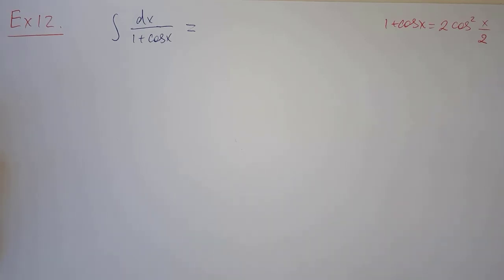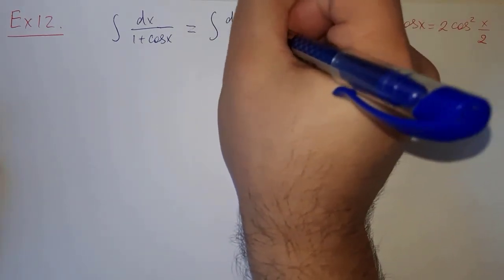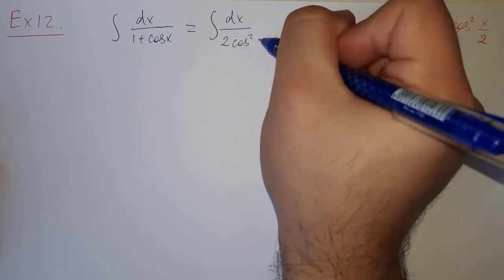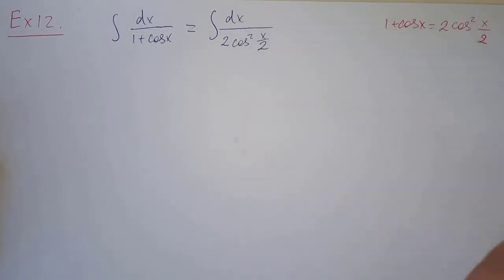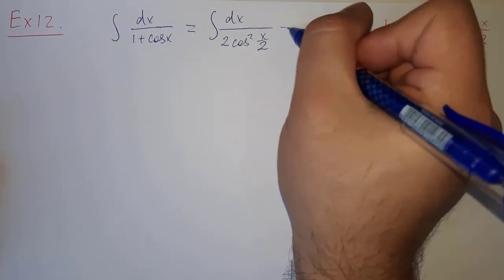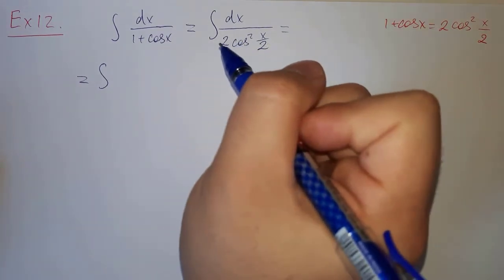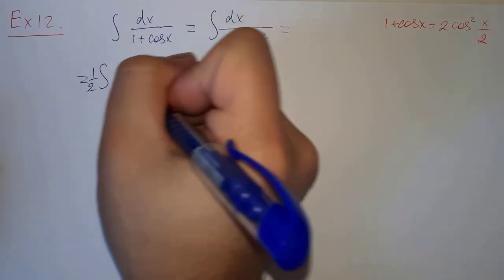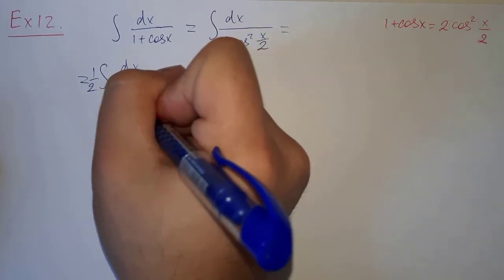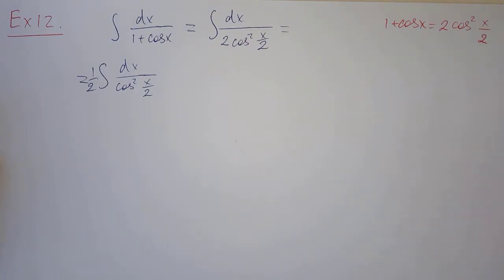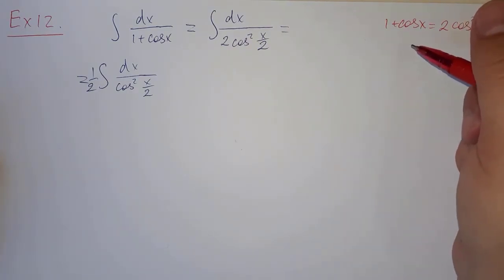So now we replace our 1 plus cosine x with this one, and we get dx over 2 cosine squared x over 2, with the half angle. And if you continue, the integral is 1 over 2 times dx over cosine squared x over 2. Let's recall again our table of indefinite integrals.